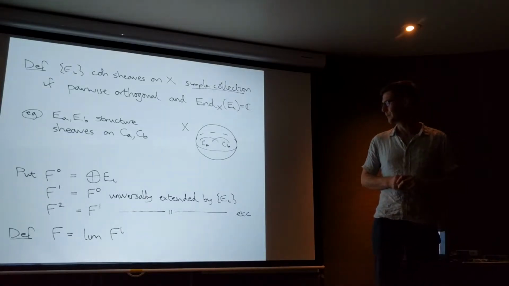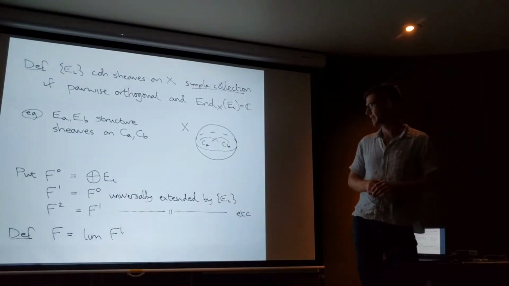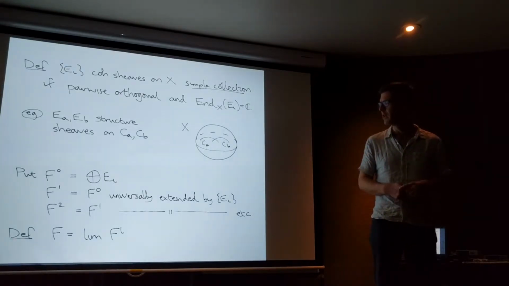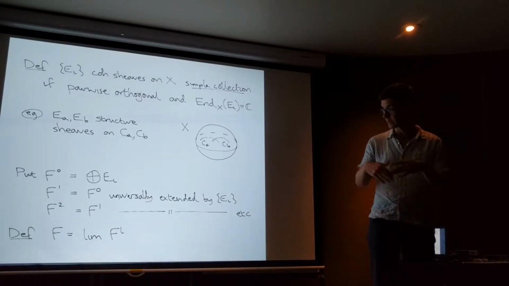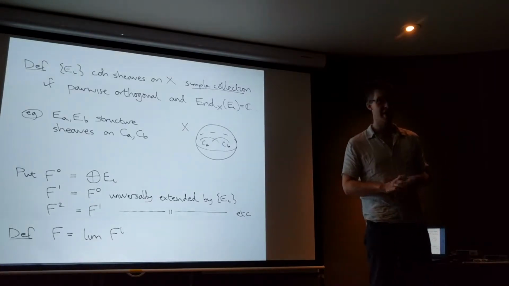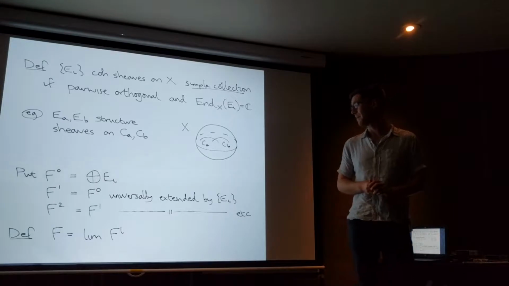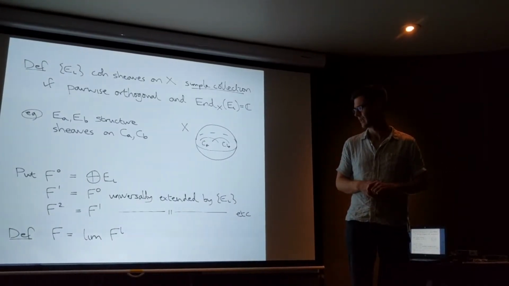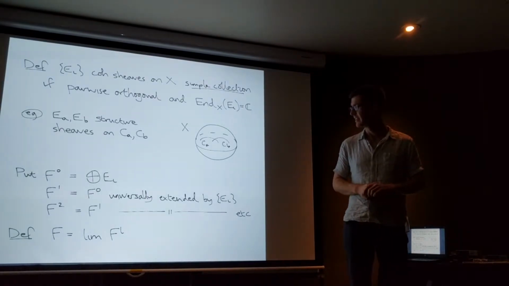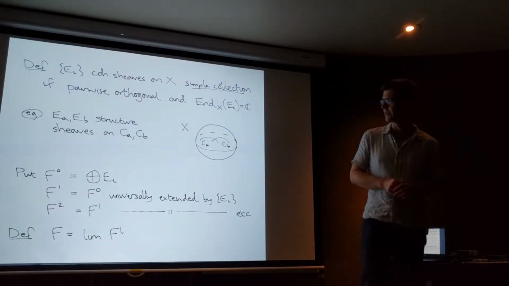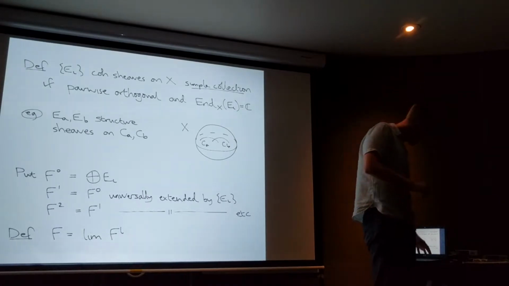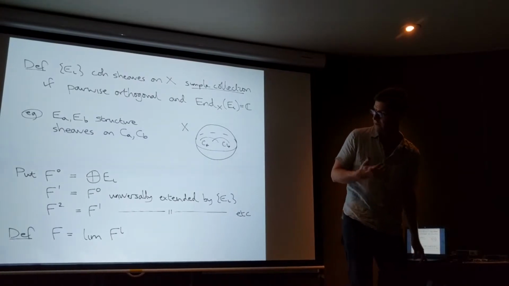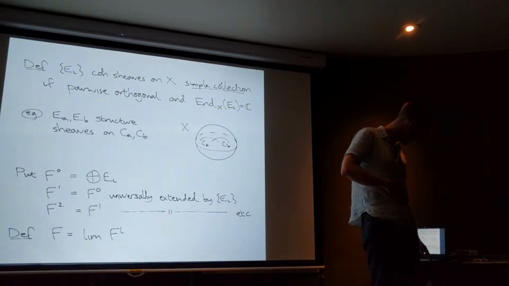So the universal non-trivial extension by the Ei's gives me F1 from F0, likewise F2 from F1, and so on. And this process may not terminate, but in any case I take the limit of those Fi's. And this is a non-commutative deformation of the E's. Next, I'll give an example, then I'll explain why you should think of it as the non-commutative deformation.